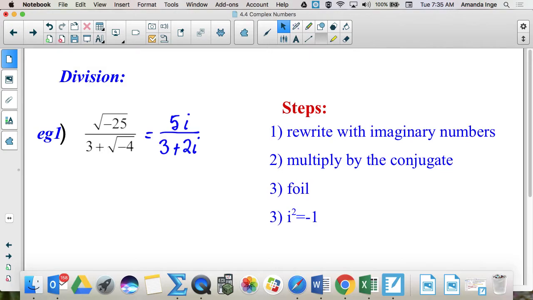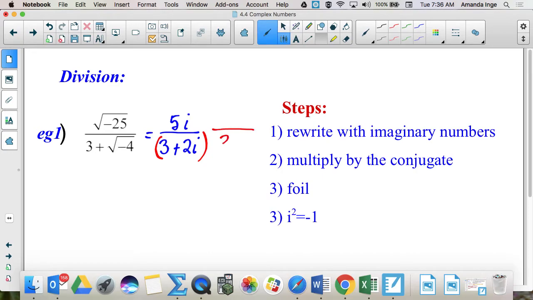Just like with radical numbers, you can't have an imaginary number in the denominator. So we want to get rid of it by multiplying by the conjugate. So the conjugate would be 3 minus 2i, 3 minus 2i. So we get 15i minus 10i squared.